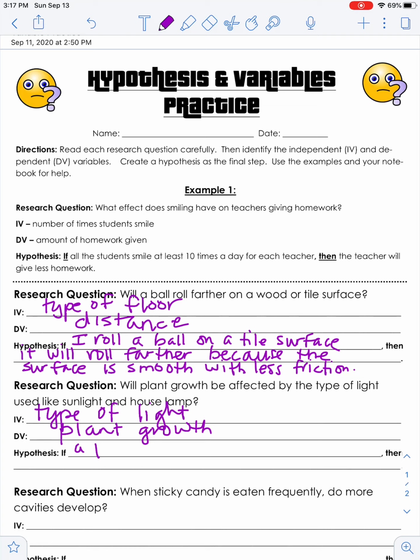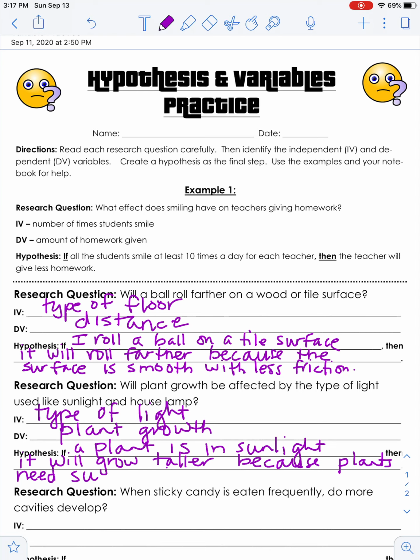If a plant is in sunlight, then it will grow taller because plants need sunlight for photosynthesis.